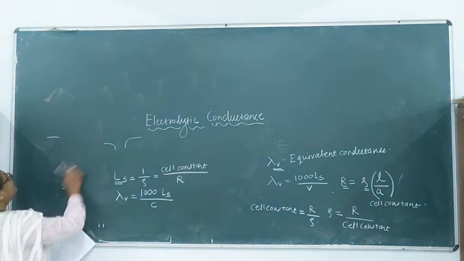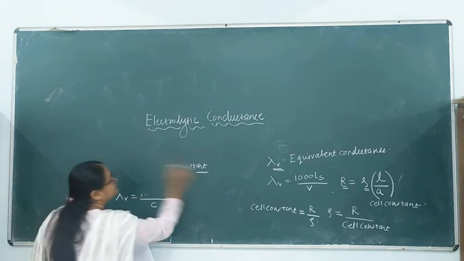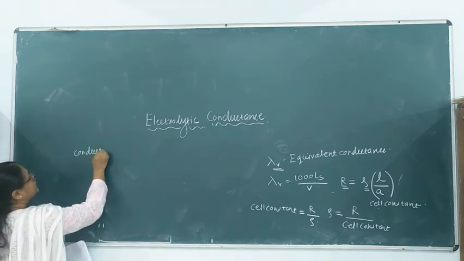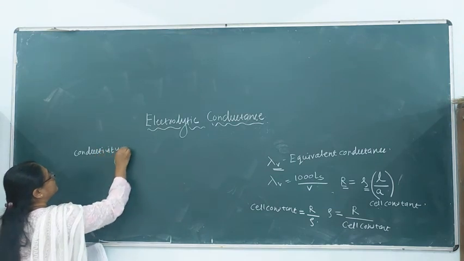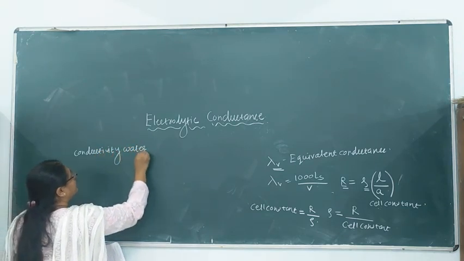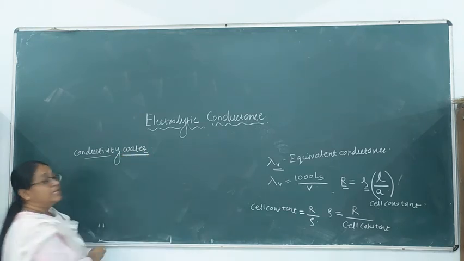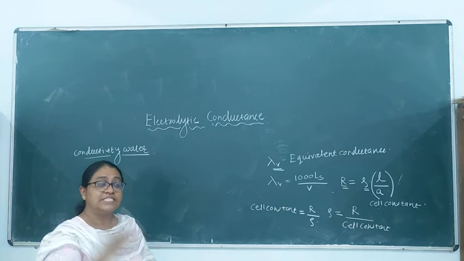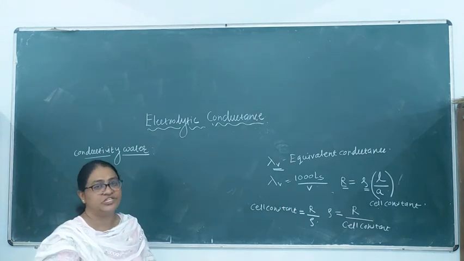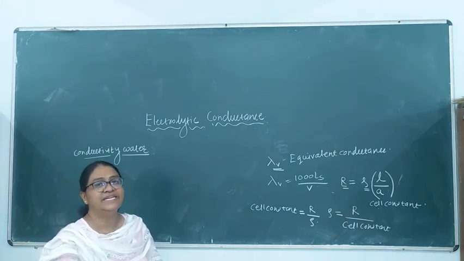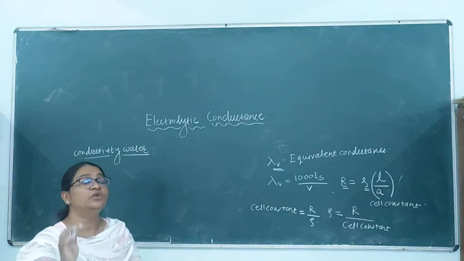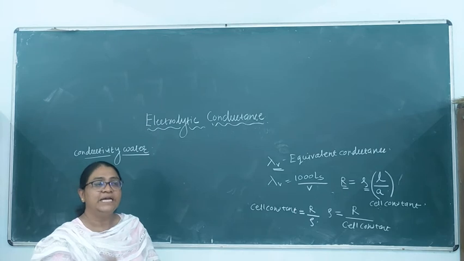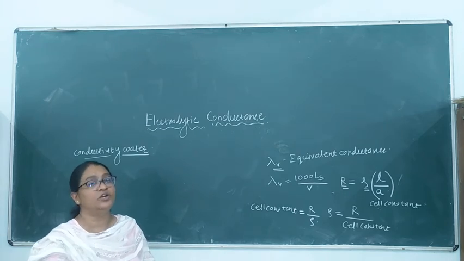Now the conductivity water, what is this concept? Actually, the solution whose conductance is to be measured, or the substance whose conductance is to be measured, its solution is made in the conductivity water. Now what is the conductivity water? The conductivity water is prepared by distilling the distilled water again.